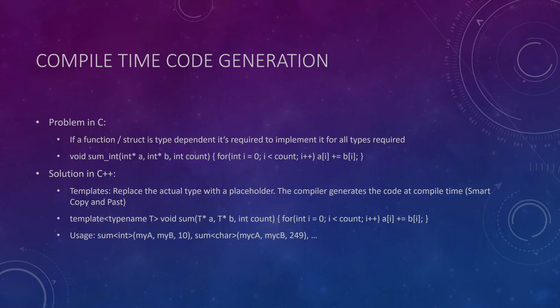So templates basically mean that you want to replace the actual type with a placeholder, and the compiler generates the code at compile time. In general, it's just a smart copy and paste tool. However, it is more powerful than that. There are things like type traits and template meta programming that actually allow you to generate code the way you are writing other code.